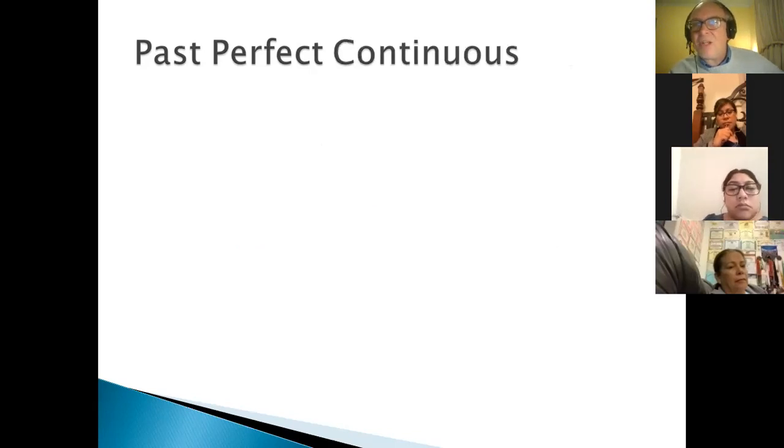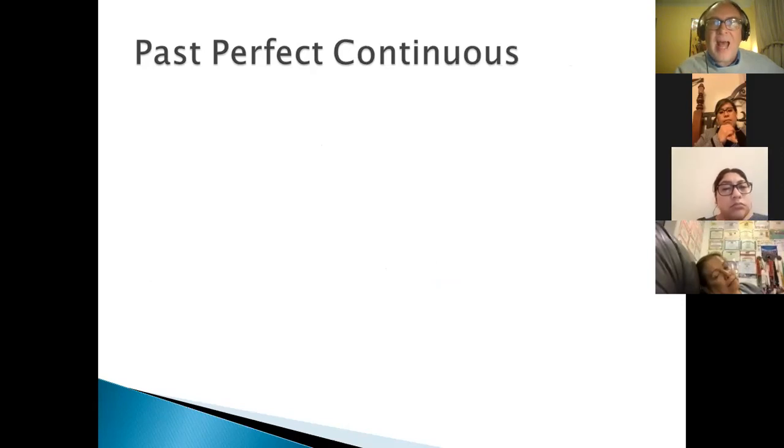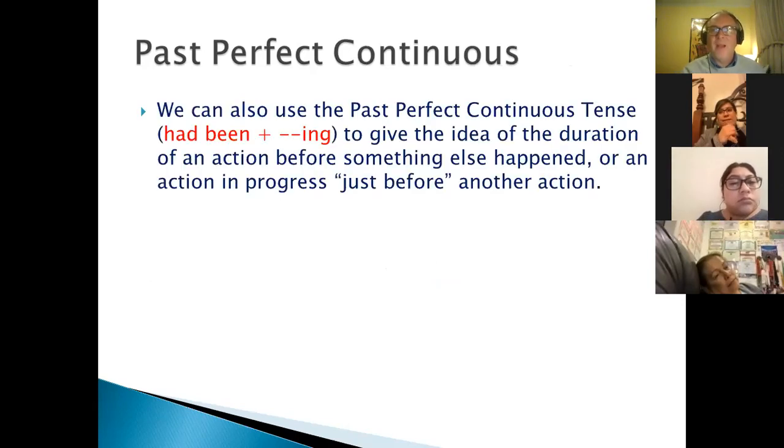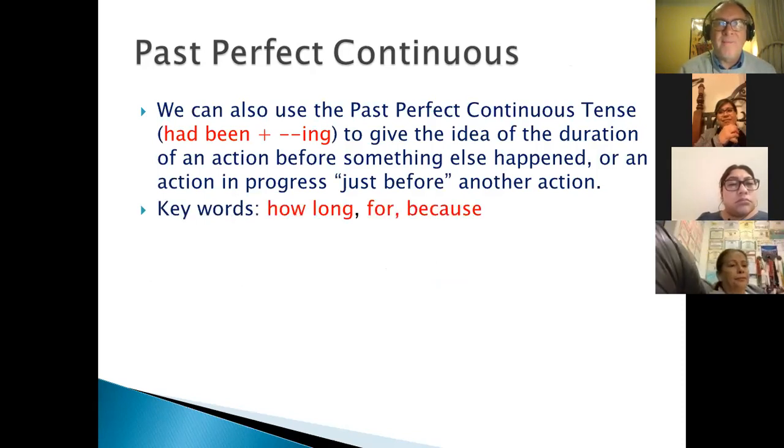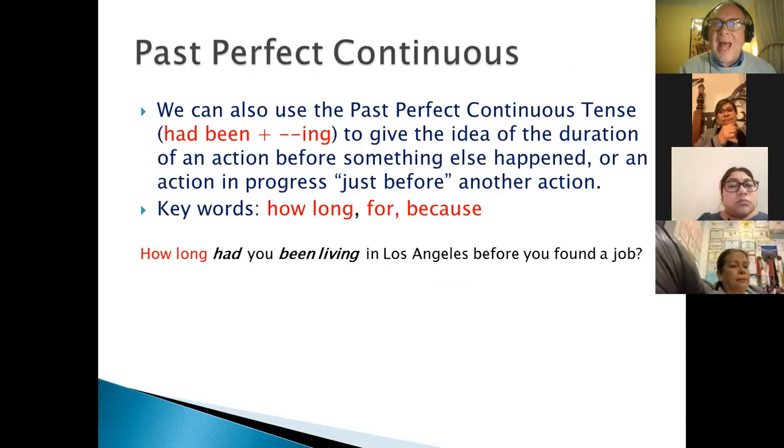What about past perfect continuous, right? Remember, perfect continuous is always what? Been -ing. So we're going to use had been -ing. Notice these examples. How long had you been living in Los Angeles before you found a job?